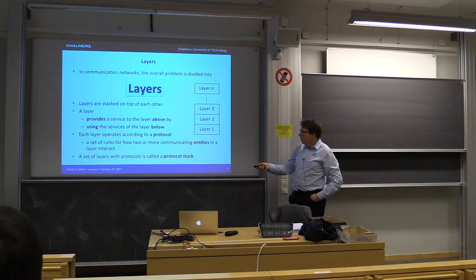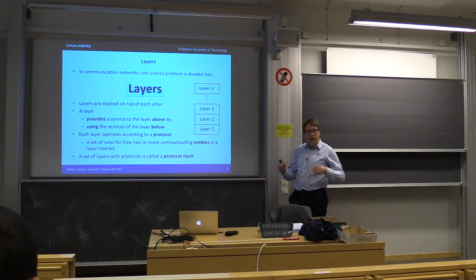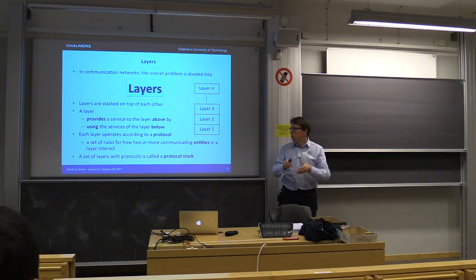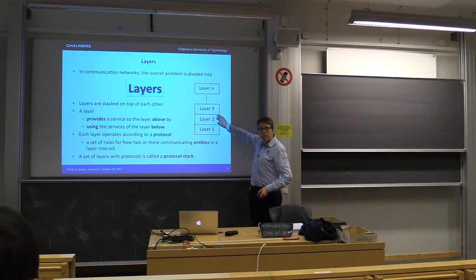Okay. A protocol is a set of rules for how two or more entities, and entities are software pieces which are running in a layer. Okay, we can think of that as software or a process which is executing this protocol. So here we have more than one program.